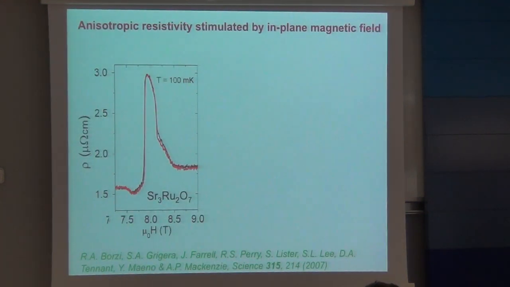So I know from bitter experience that you don't see anisotropy unless you explicitly look for it, because in the early years when we had this phase, we knew that what happened to the resistivity when we had the field along the c-axis was very surprising. There's an offset slope here, but there's at least a factor, approximately a factor of 2 jump in the resistivity when you enter some anomalous region, and the resistivity jumps back down again on the other side.